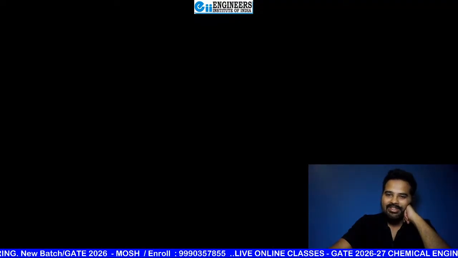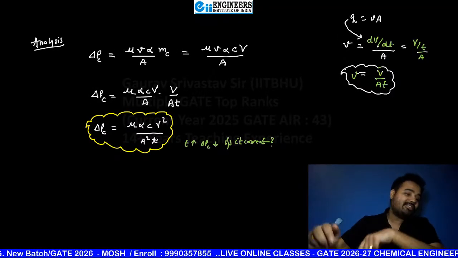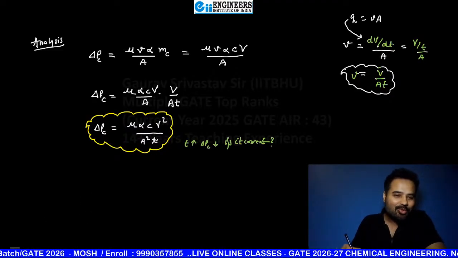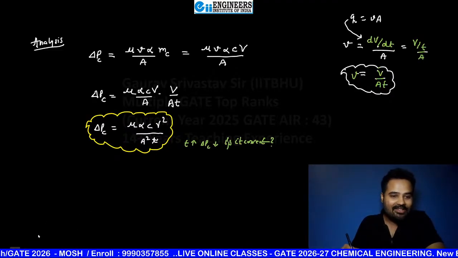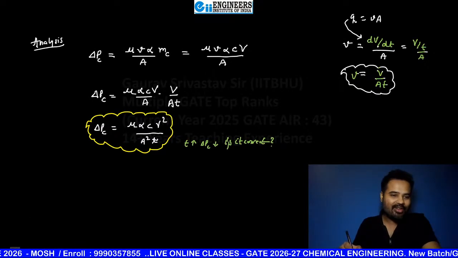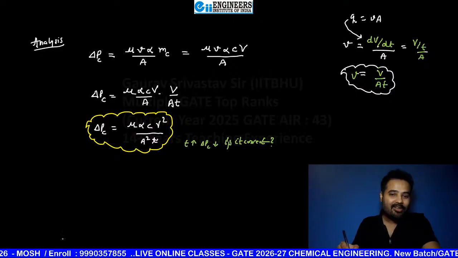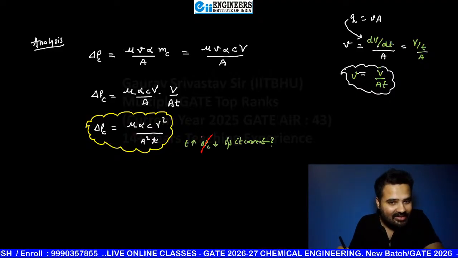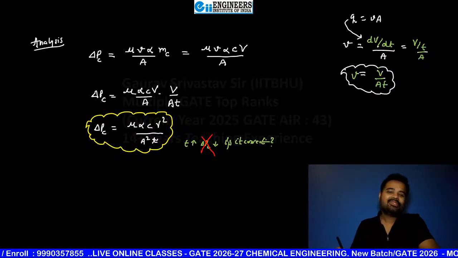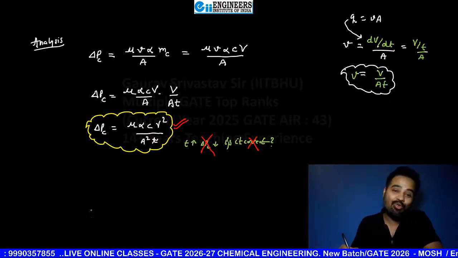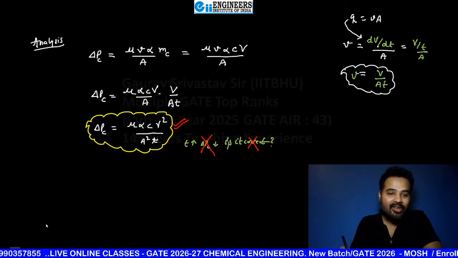So beta, this equation is correct. This equation is not wrong. Sometimes what appears in front of us is something else. So here the equation is correct, but this conclusion is not correct. How is it correct?